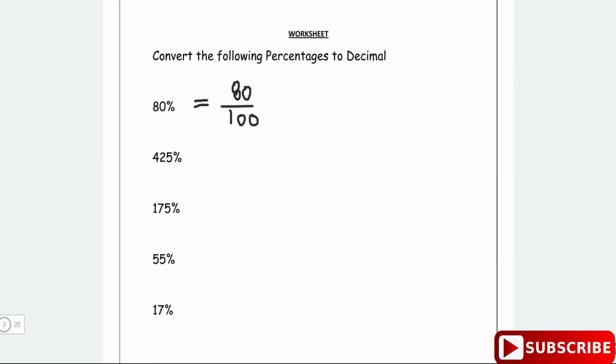To convert this into a decimal, we know that is 0.8. And you might say, how is it 0.8? Remember from long division, 100 into 80, 100 cannot go into 80. 100 into 80 goes 0 times. Then you put a point. Doing long division, 100 times 0 is 0.